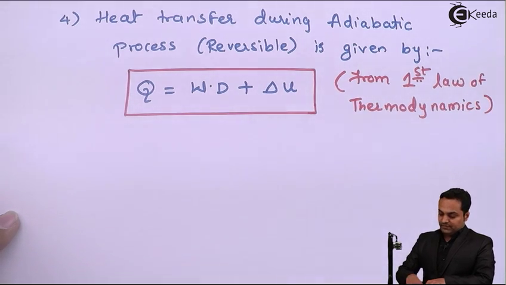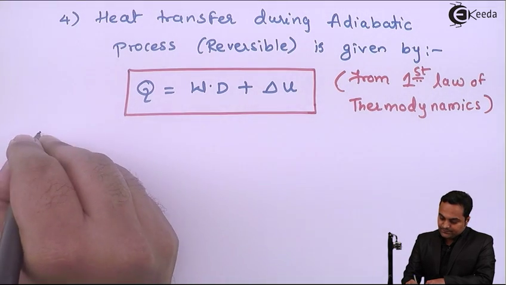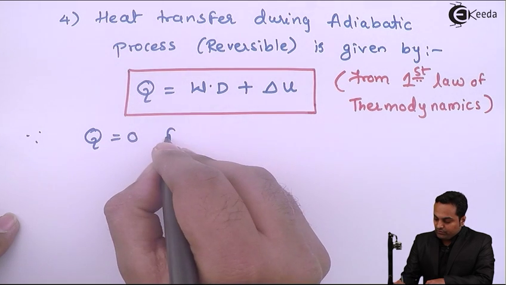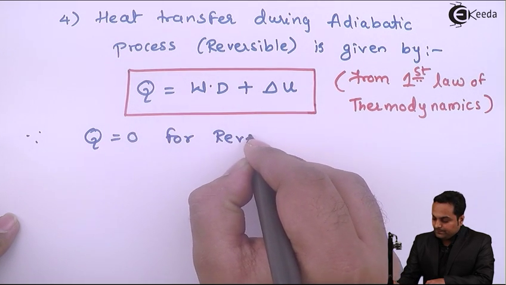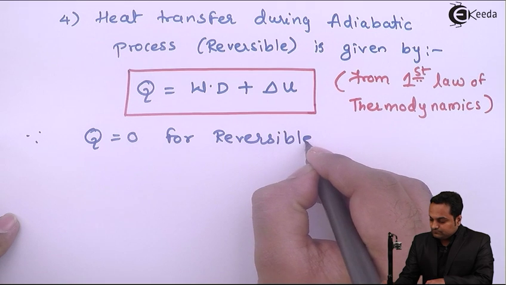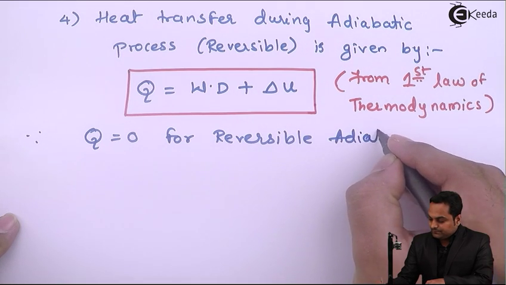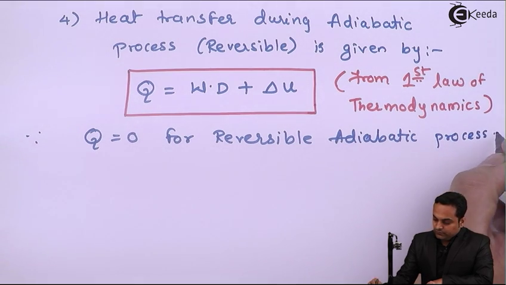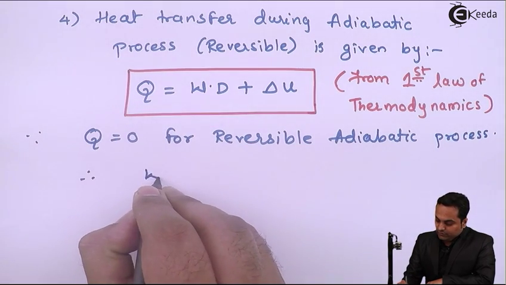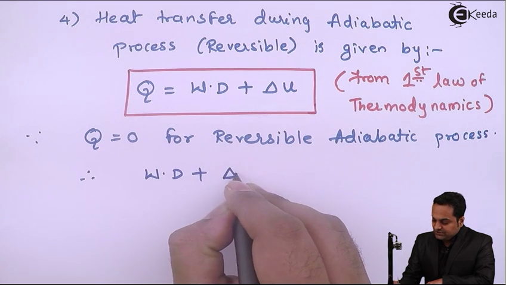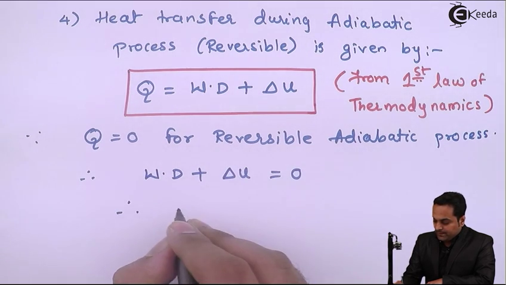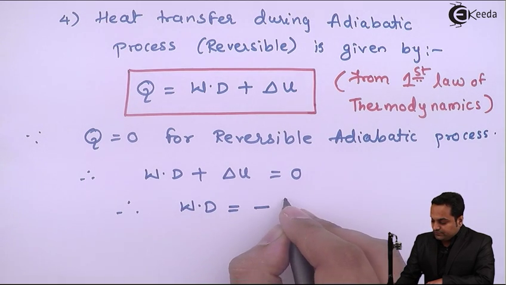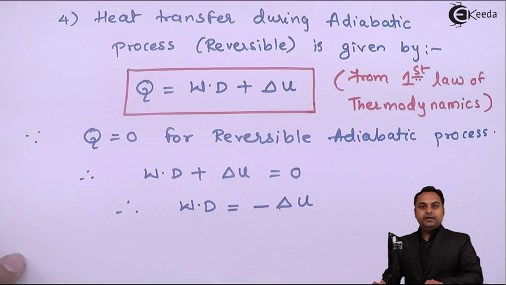Now I can say that since heat transfer Q is equal to 0 for reversible adiabatic process, so if Q is equal to 0, therefore work done plus change in internal energy is equal to 0, and work done will be equal to minus of change in internal energy.